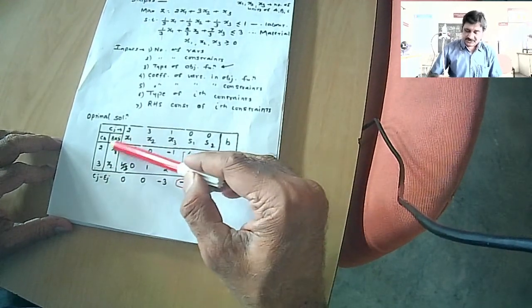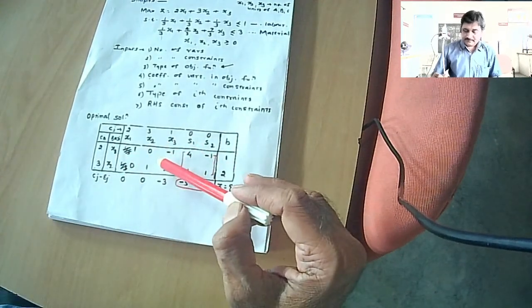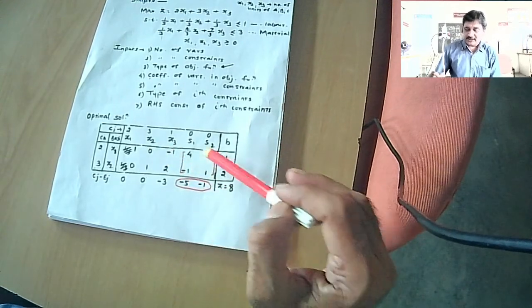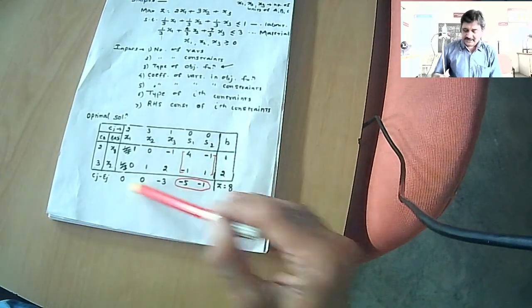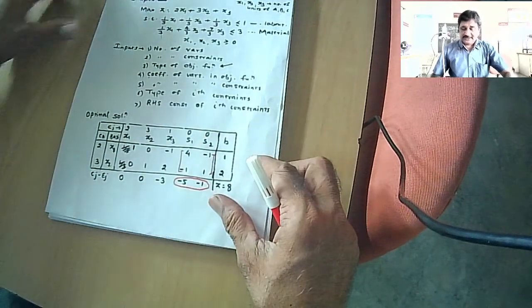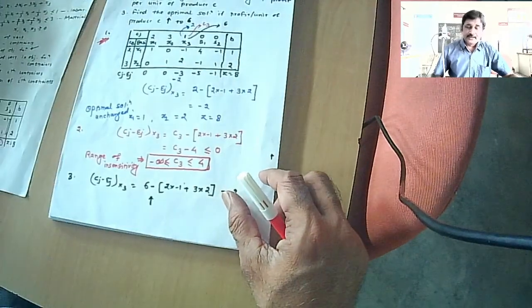Coefficients of x1, x2 are written 2 and 3. Here are the equations, meaning the final position of the equations in the optimal table. Then Cj minus Zj. So your solution is x1 equal to 1, x2 equal to 2, z equal to 8.